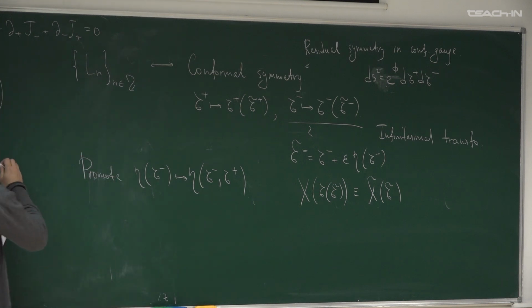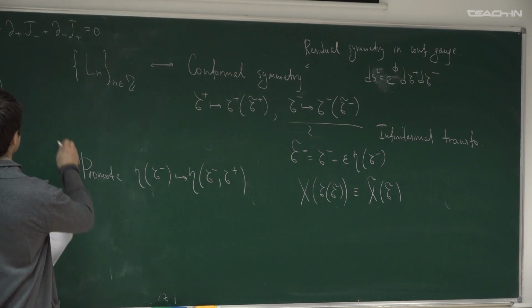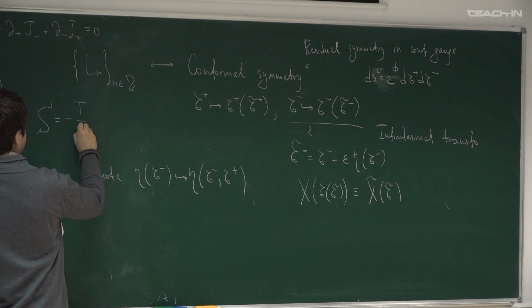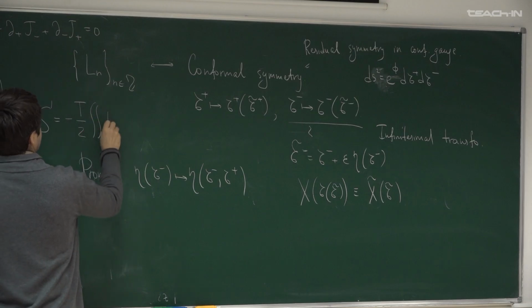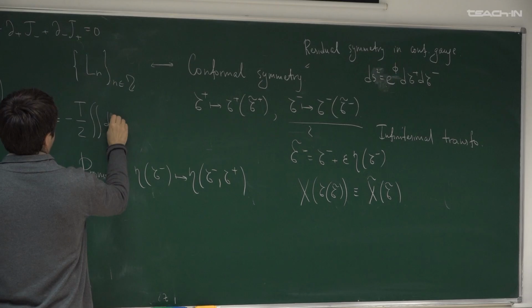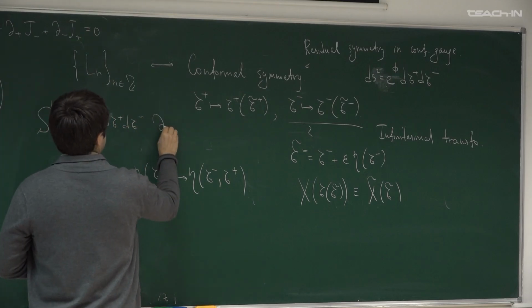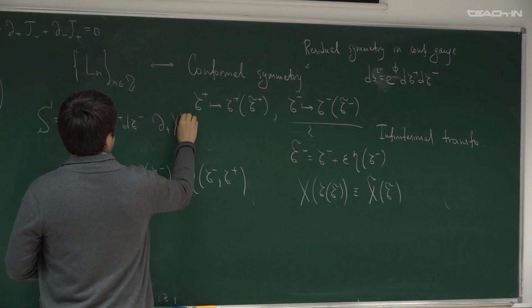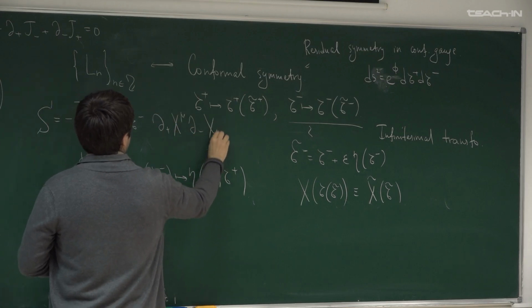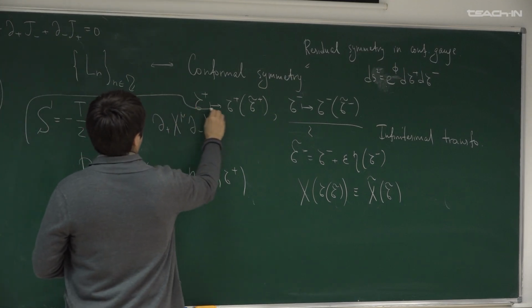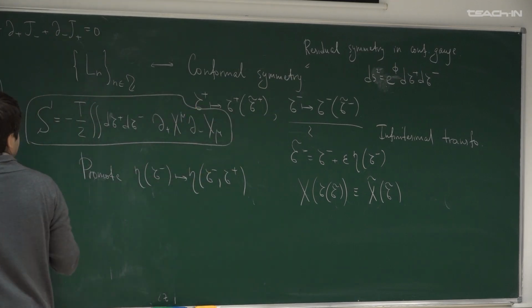By the way, if someone forgot, maybe I should write the action. So the action is T over 2 times the integral, so this is the action. Right?